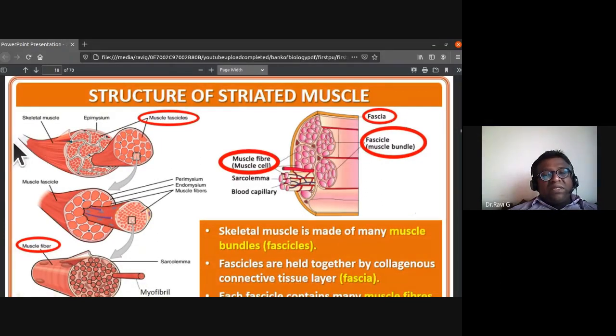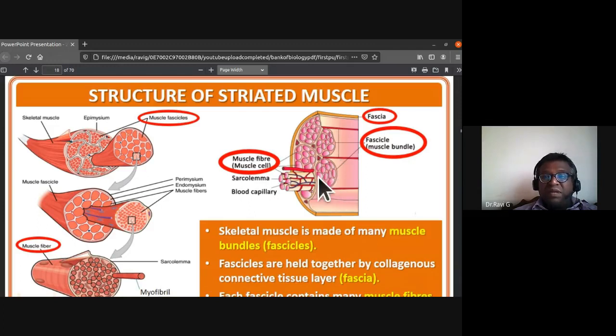See, skeletal muscle is made up of many muscle bundles.